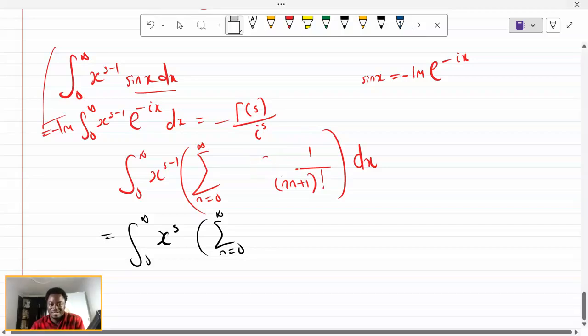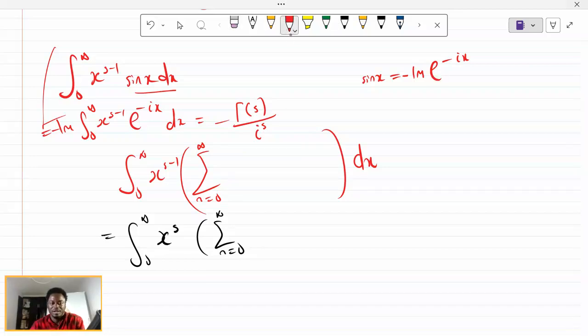Sorry about that. This is actually the form to write it: x to the 2n plus 1 over 2n plus 1 factorial, then negative 1 to the n. Sorry about that, that was a mistake from me.